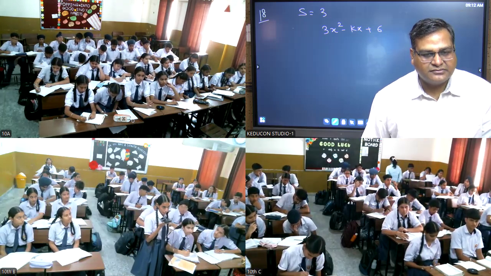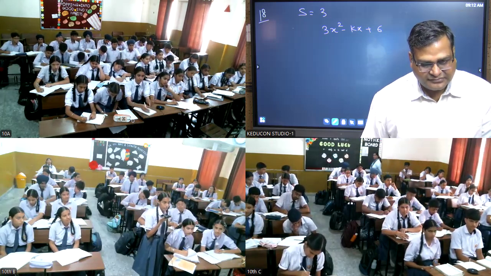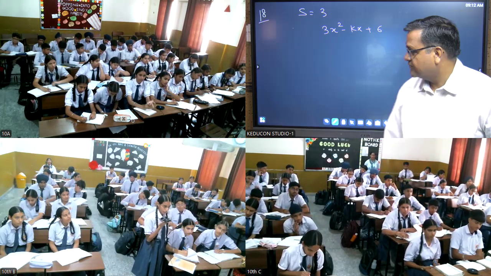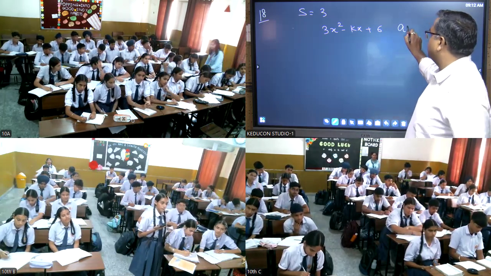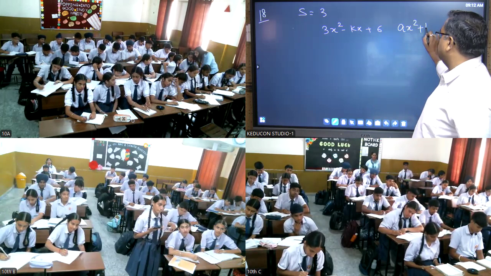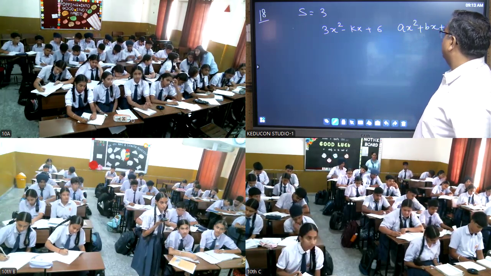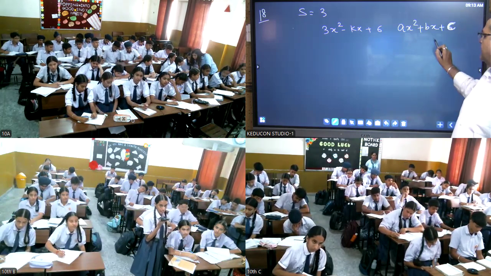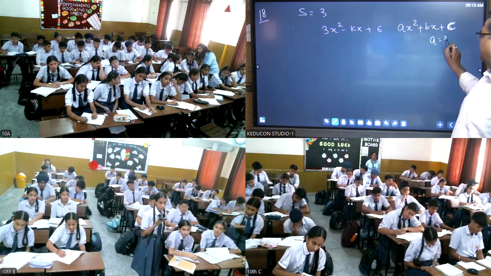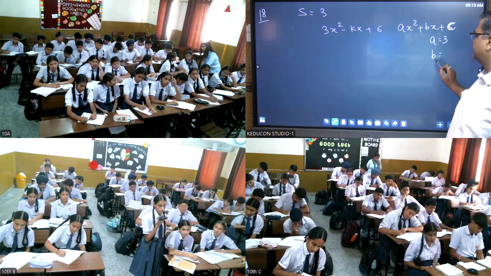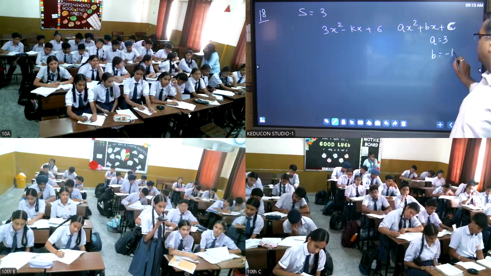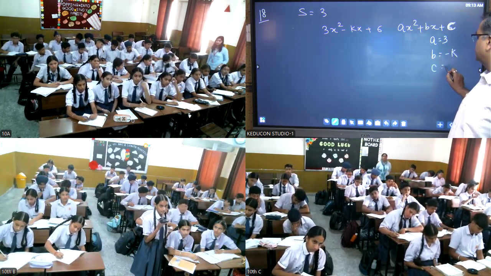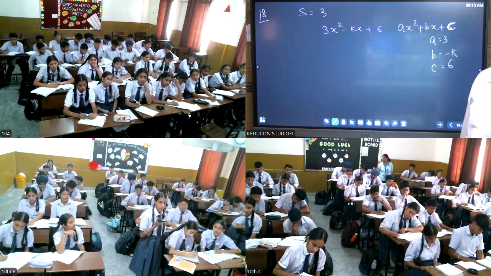Sir, firstly we have to compare with ax square plus bx plus c is equal to 0. Then the value of a is 3, the value of b is equal to minus k, very good, and c is equal to 6.